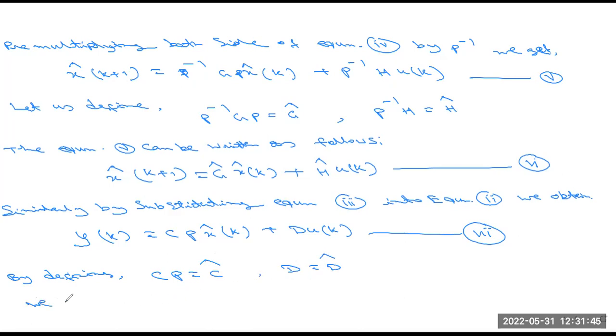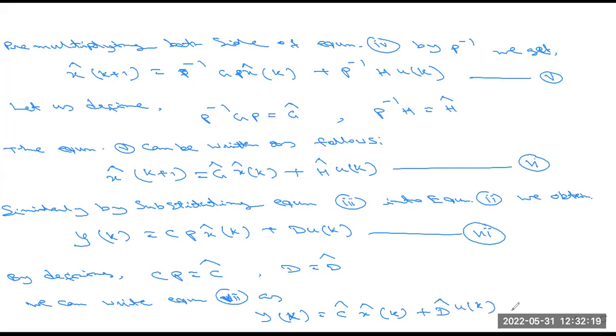So we can write equation 7, this equation, as y of k is equal to c vector x vector of k plus d vector u of k.